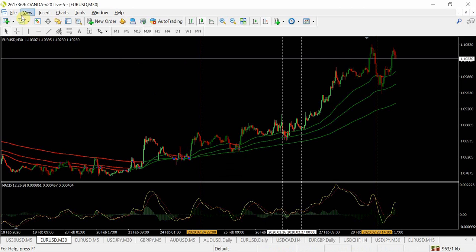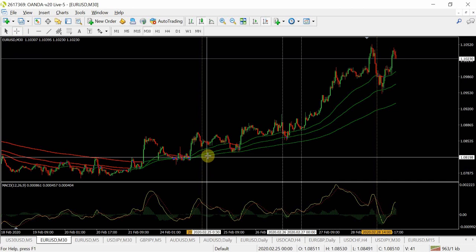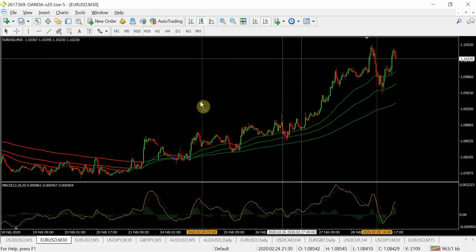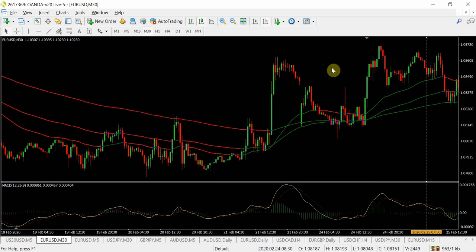So as we continue on, we are still in this situation here, and then we get another situation here. Let me zoom in a little bit, because then we can see what's going on.